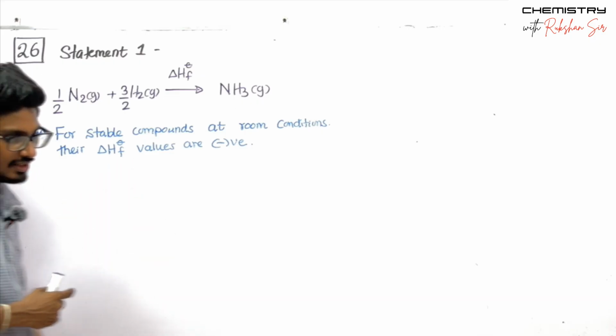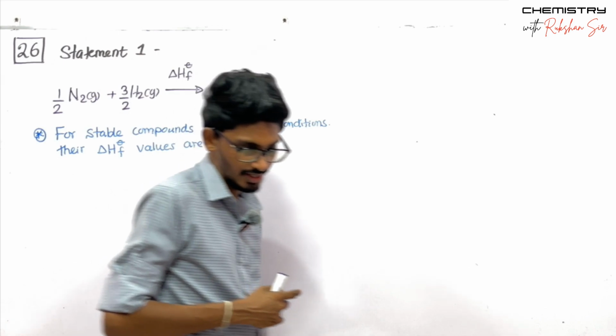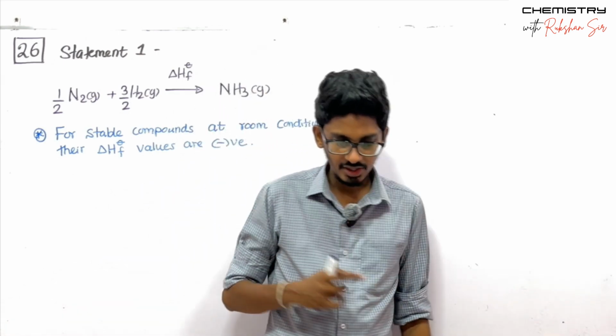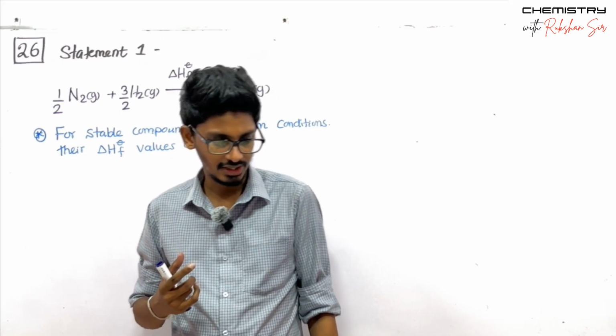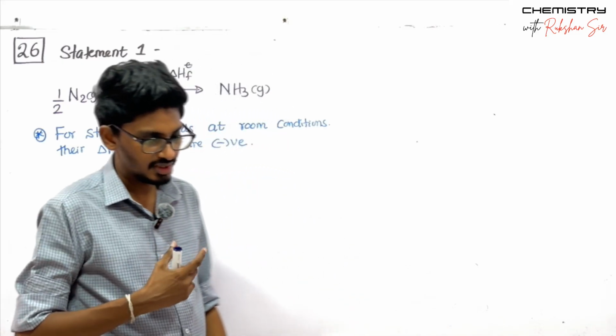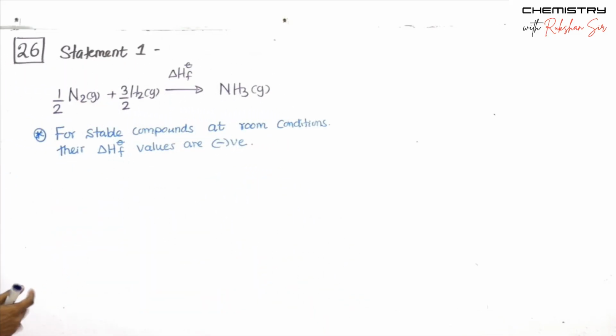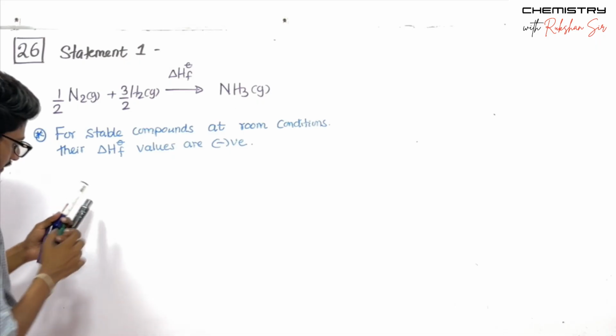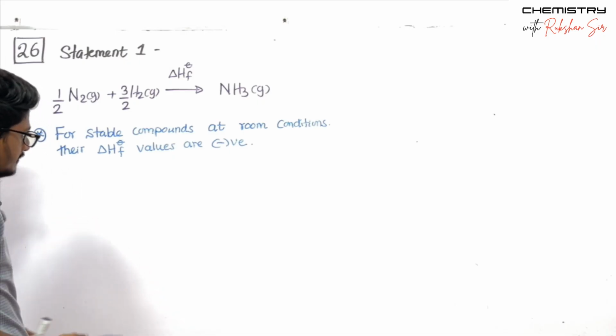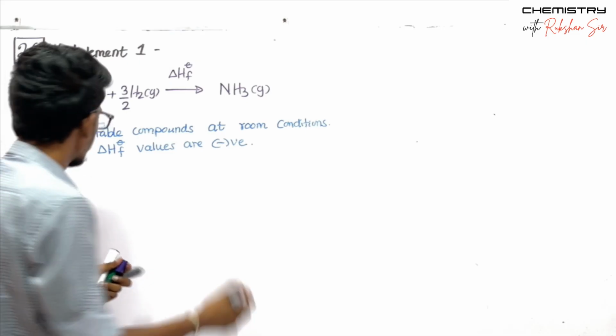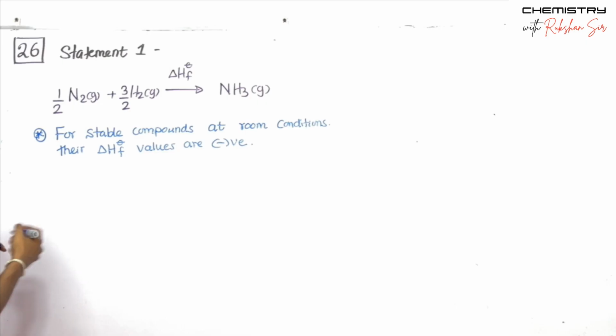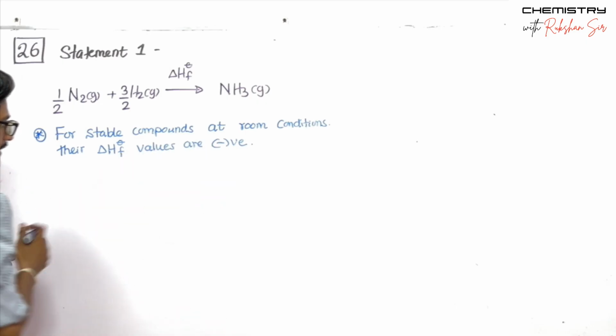So what they are saying: at a given pressure, the spontaneity of the reaction between N2 and H2 to give NH3 drops with increase in temperature. If you think of delta G, delta H F is negative.